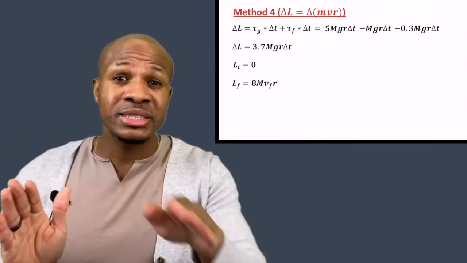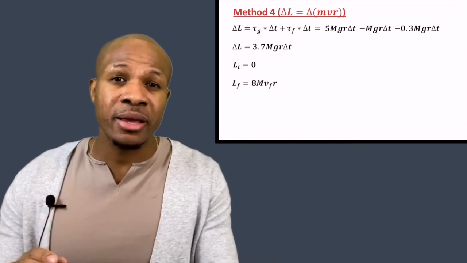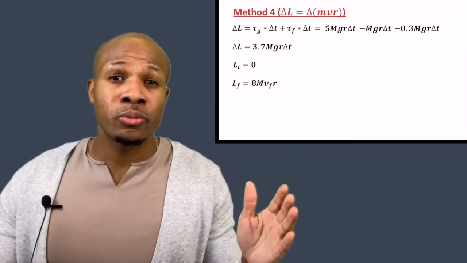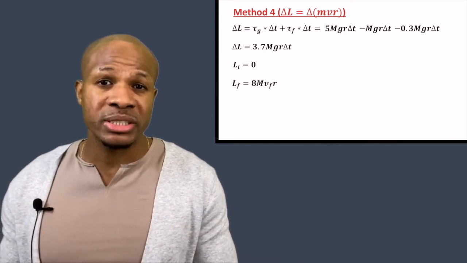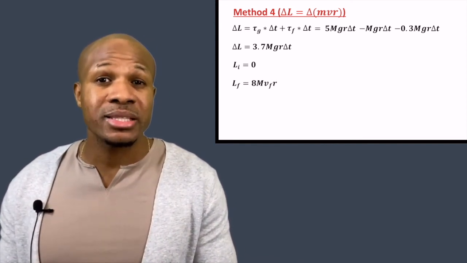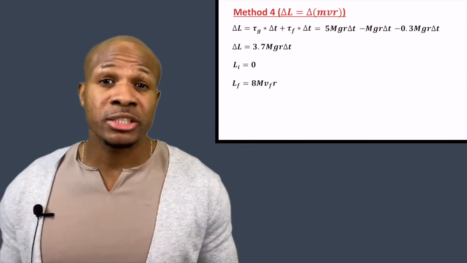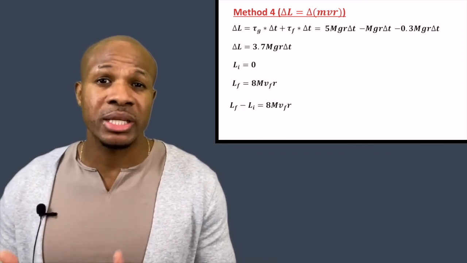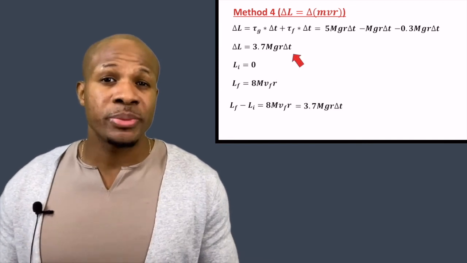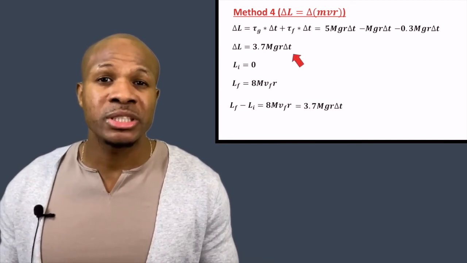The rope slides down on the pulley with a speed vf at a radius r, and it carries a mass of 8m. So the final angular momentum of the system is going to be 8mvr. So the change in our angular momentum is 8mvr minus 0, which is just 8mvr, and that's equal to 3.7 mgr delta t.